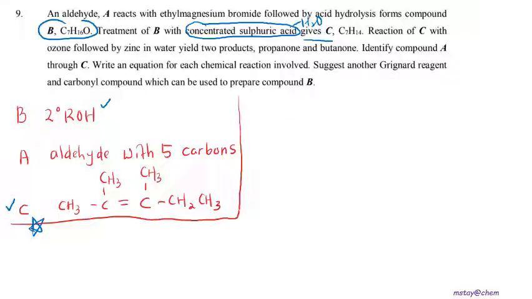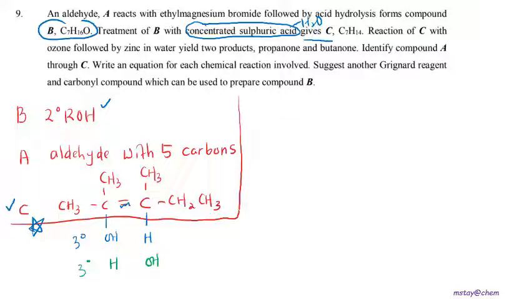However, let's say I break the double bond to form 2 new single bonds. No matter if the OH is attached to the left-hand side, this one will become a tertiary alcohol. Even if I put the OH over here and the hydrogen on the other carbon, it will also produce a tertiary alcohol.